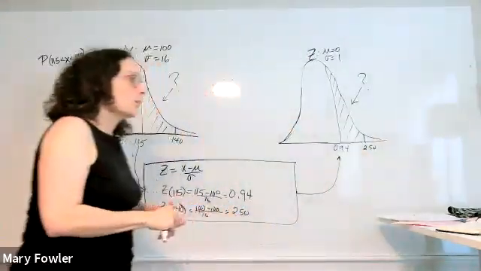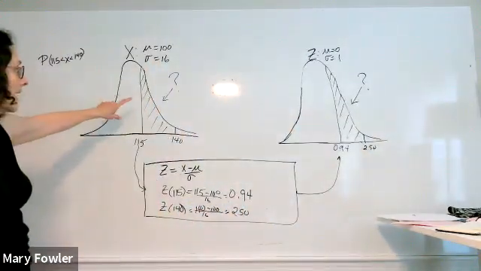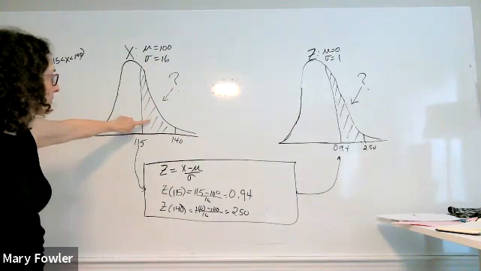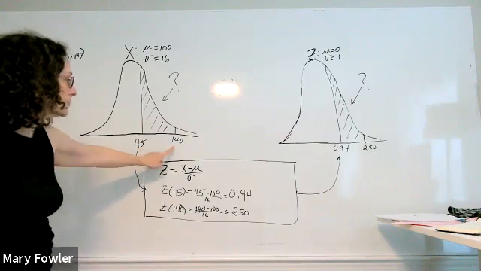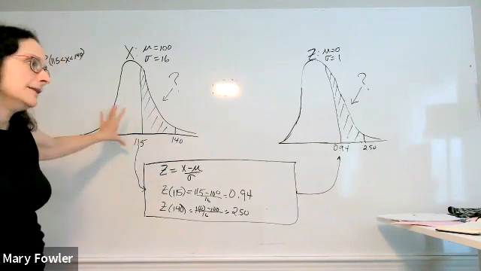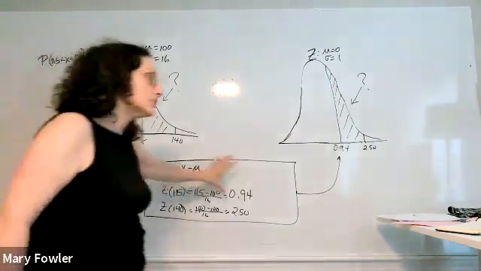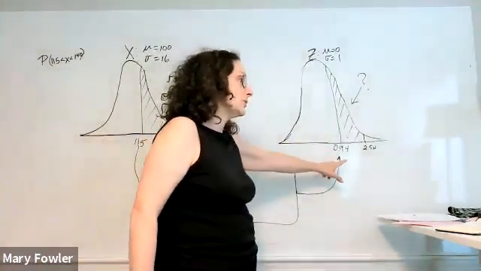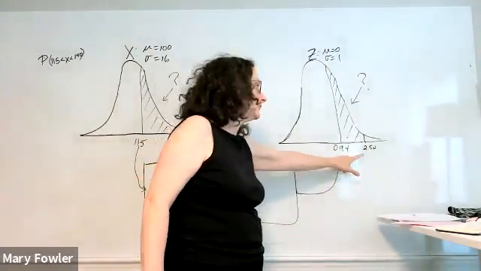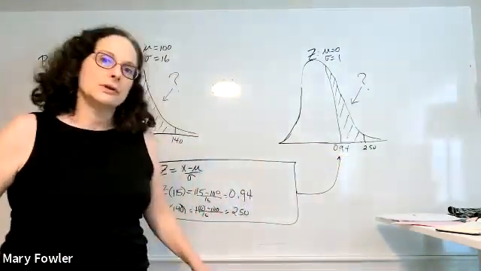So the area of interest, the proportion of individuals that have an IQ from 115 to 140, is equivalent, using this transformation, to the area under the standard normal curve from 0.94 to 2.50.